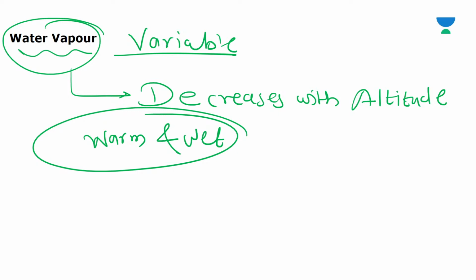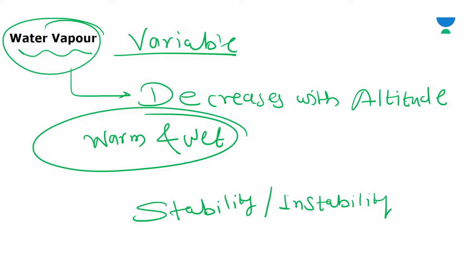Thus it acts like a blanket, allowing the earth to become neither too cold nor too hot. So friends, water vapor also contributes to the stability and instability in the air.